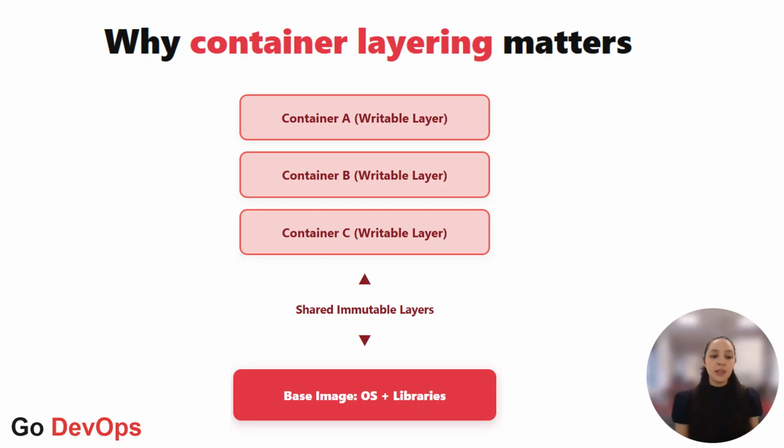Every container built from the same image starts from the exact same base, and your app is going to behave the same whether it's running on a developer laptop or on a production cluster in the cloud. And because those lower layers are immutable, you can always trace and verify the exact environment that's running your code. That's really huge for debugging, compliance, and overall system reliability.